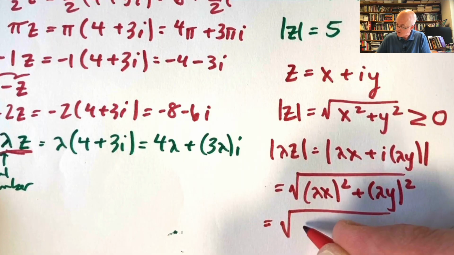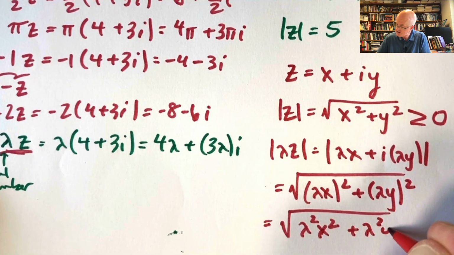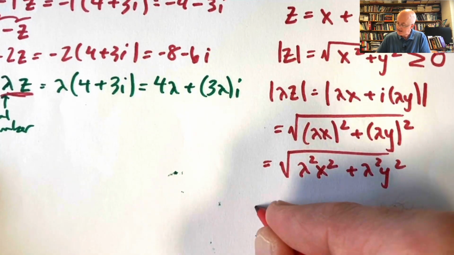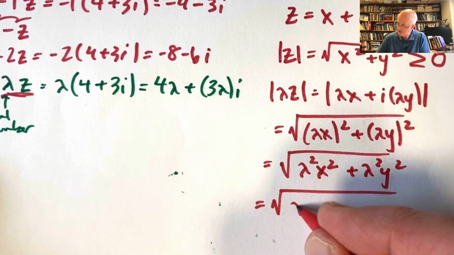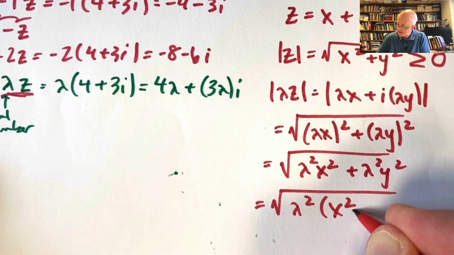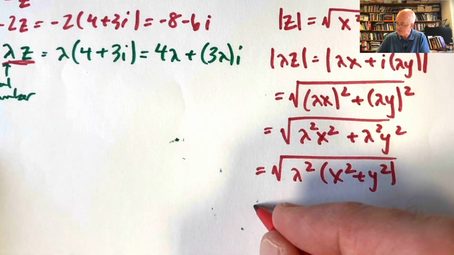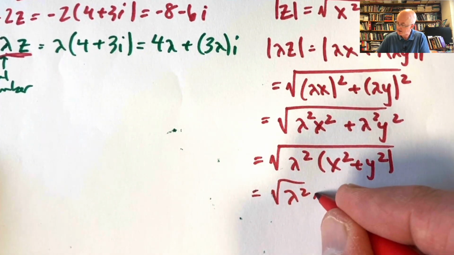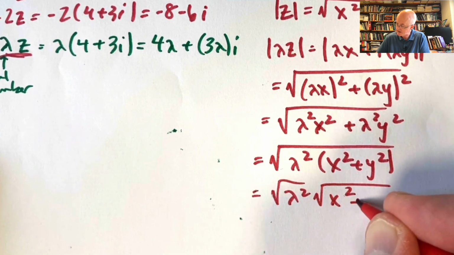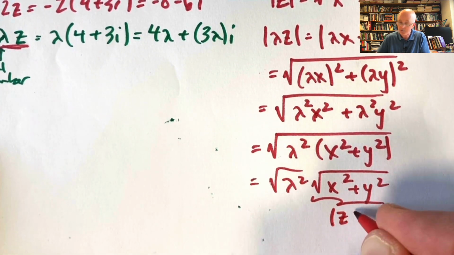That's going to be the square root, using properties of exponents, of lambda squared x squared plus lambda squared y squared. That expression inside that square root has a common factor of lambda squared that can be factored out like this. And it is a property of real square roots here that you can separate this into this product, the square root of lambda squared times the square root of x squared plus y squared. This thing right there is the modulus of the complex number z.